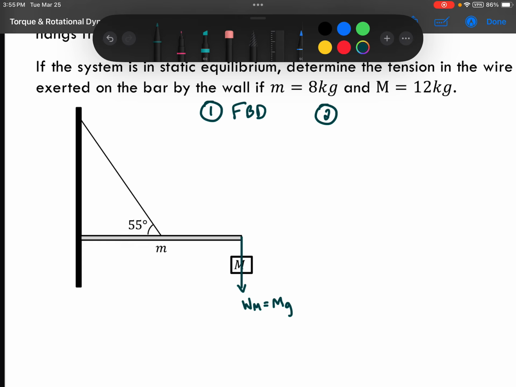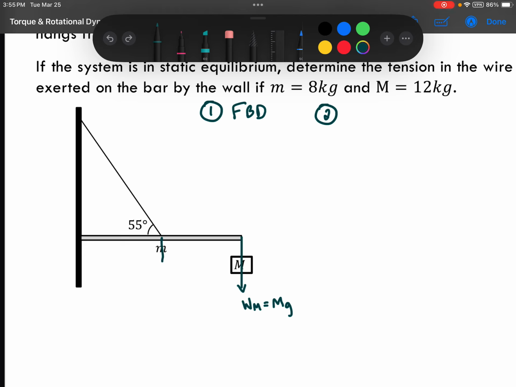The next thing, it told us the bar itself has a mass, little m, and so we know the weight of the bar is going to act at the center of mass. And it's a uniform bar, that means mass is evenly distributed. That means the center of mass is at that midpoint. So at the midpoint, we have the weight of the bar itself.